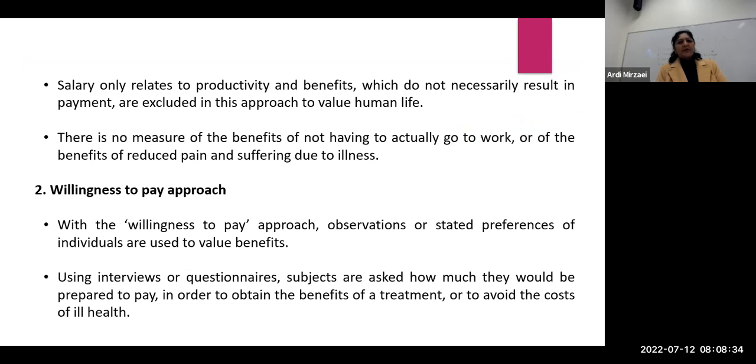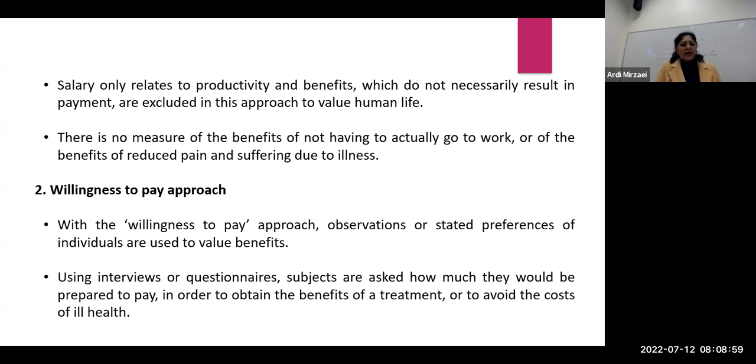So there are some questions. Salary only relates to productivity and benefits, which do not necessarily result in payment. There is no measure of the benefits of not having to actually go for work or the benefits of reduced pain and suffering due to illness. So there are a lot of controversies and questions for that first method.